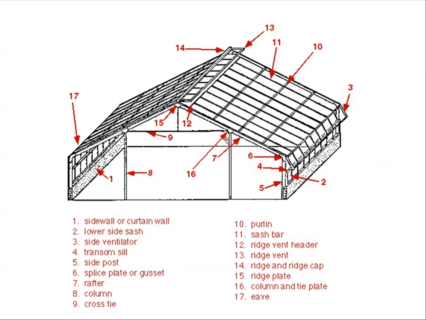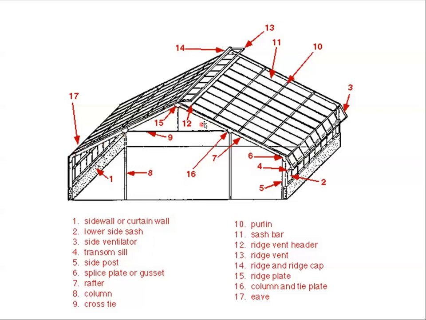We have a side post. Okay, so simple posts. Sometimes the curtain wall comes across, but there's always posts at side. So side post, side post, side post. There's the connecting piece, which is a splice plate in this configuration. 7, we've got the rafter. Okay, so this right here is a rafter.